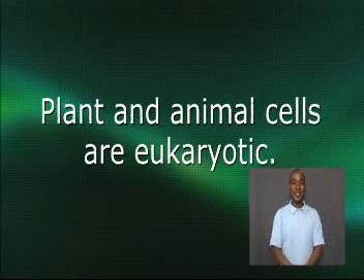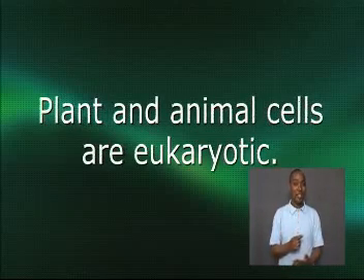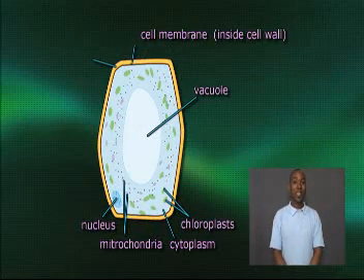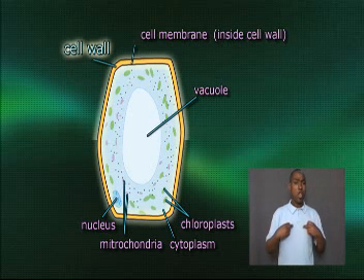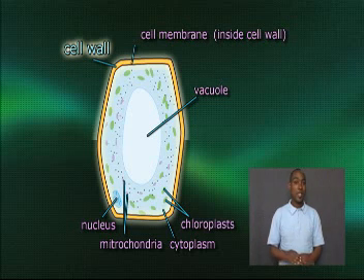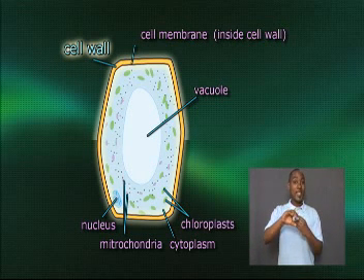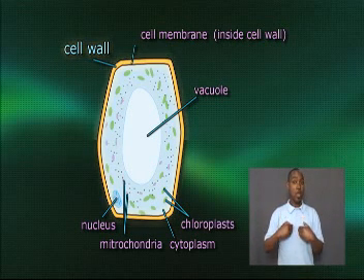This means they have complex structures. However, there are major differences between the structures of both types of cells. Plant cells have a rigid, non-living cell wall. It lines the outside of the cell membrane and is made of cellulose.